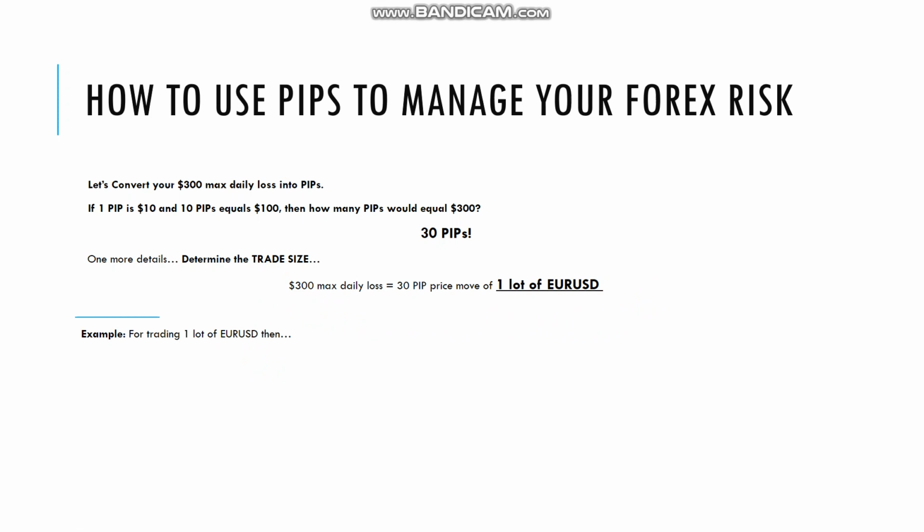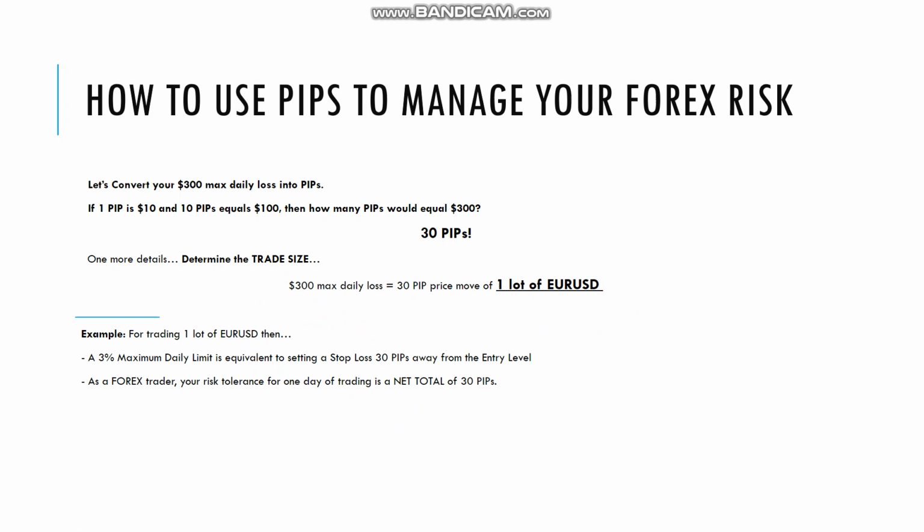For a 1 lot trade of the euro dollar, a 3% maximum daily limit is equivalent to setting a stop loss 30 pips away from my entry level. As a Forex trader, your risk tolerance for 1 day of trading is a net total of 30 pips. The maximum trade loss exposure allowed at any one time is 30 pips.